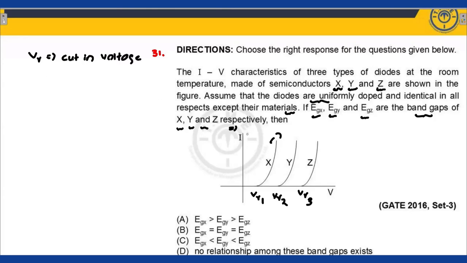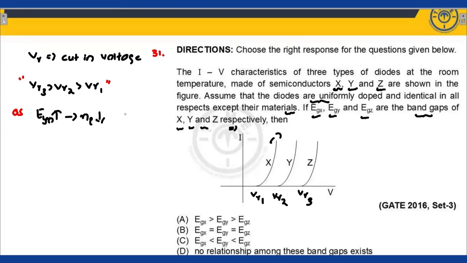See here, my dear friends, in the cut-in voltages, the order of priority itself is that, this is order of priority, as this increases, my dear friends, as the energy gap at 0 degree Kelvin increases, then intrinsic concentration decreases, my dear friends.